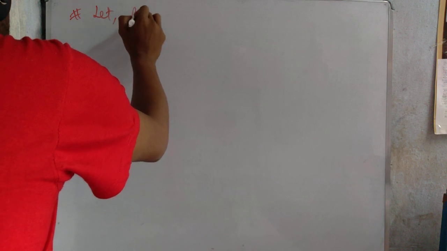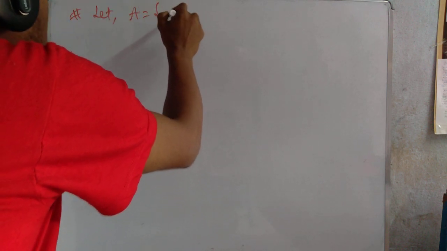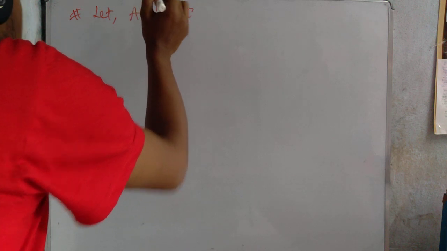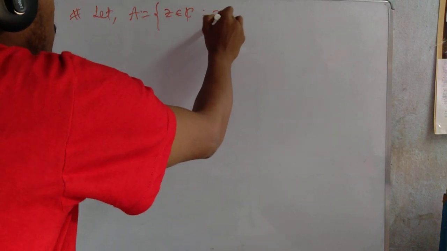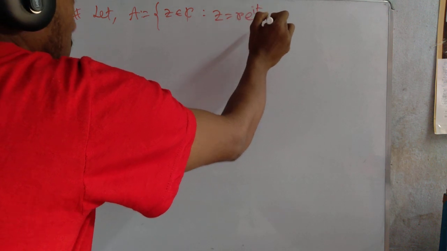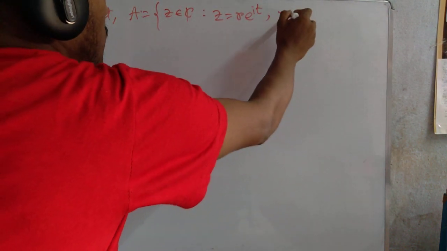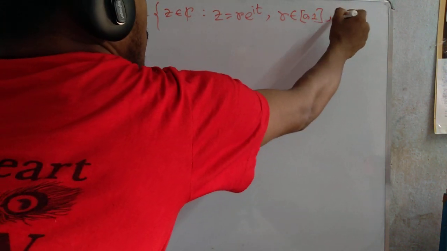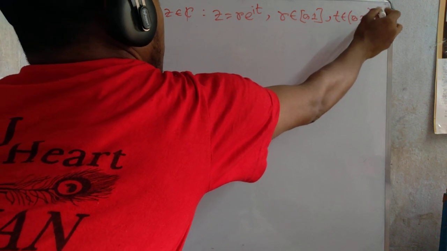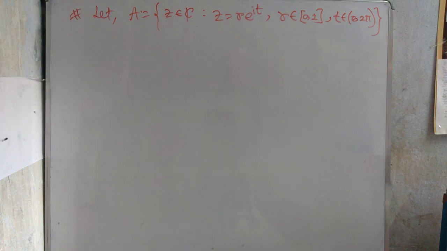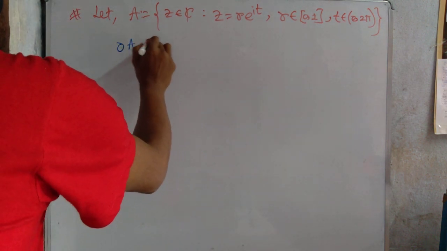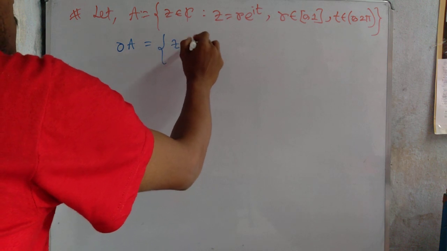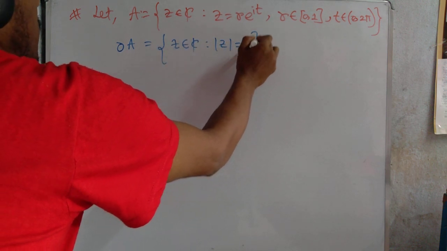Here we let A equal to {z belongs to C, z equals r e^(it), r belongs to [0, 1] and t belongs to the open interval (0, pi)}. Then boundary of A equals what? Simply, boundary of A equals {z belongs to C such that mod z equals 1}.